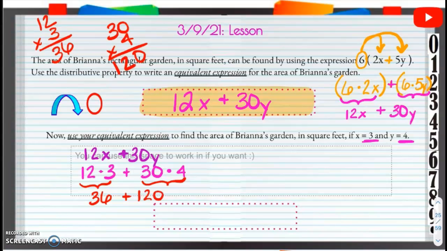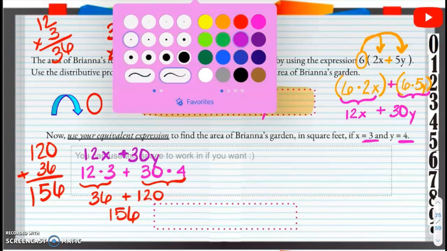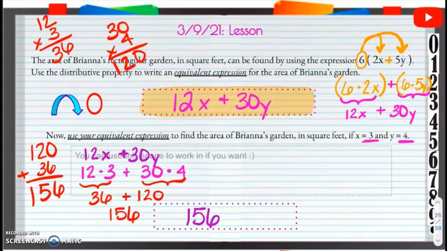Now when we add 36 plus 120, 6 plus 0 is 6, 3 plus 2 is 5, 1 plus 0 is 1. You get 156. So our answer is going to be 156, and that is going to be square feet.